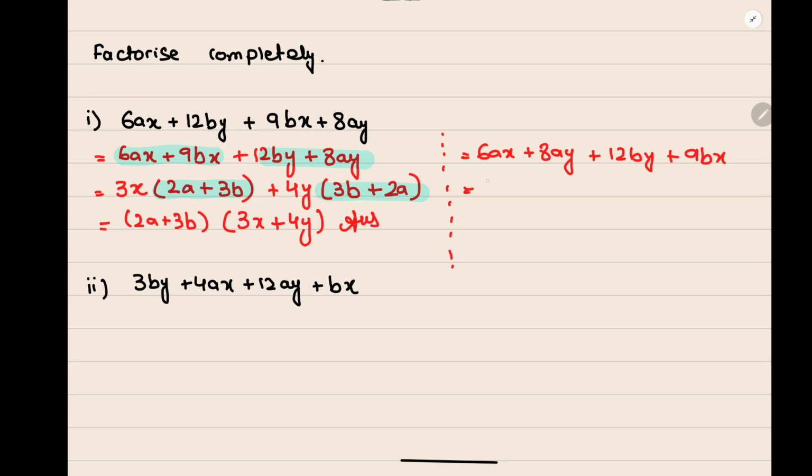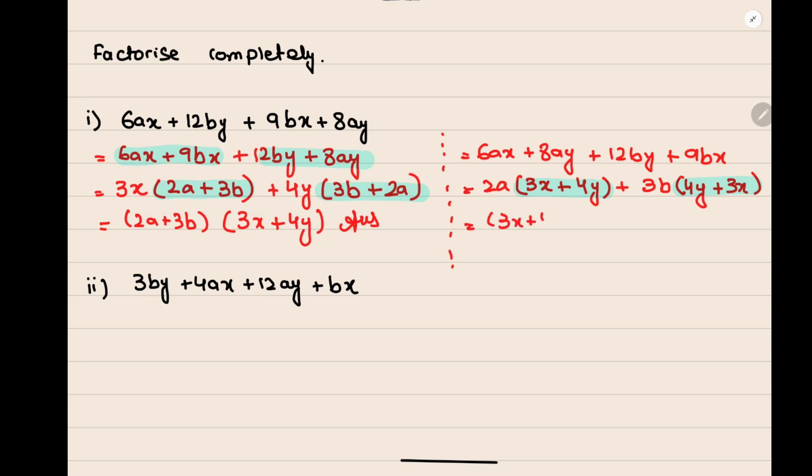Now, from the first two, I can take 2 common and A common. So I'll be left with 3X plus 4Y. From the last two, I can take 3 common and B common. So I'll be left with 4Y plus 3X. Now you can see the brackets are exactly the same.